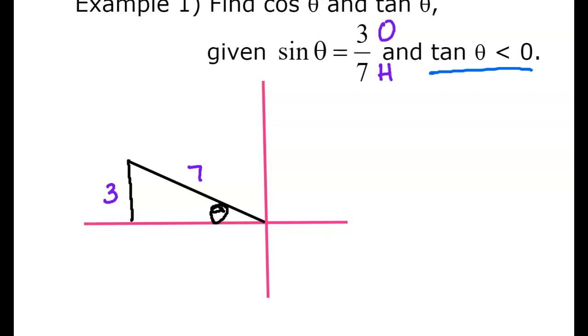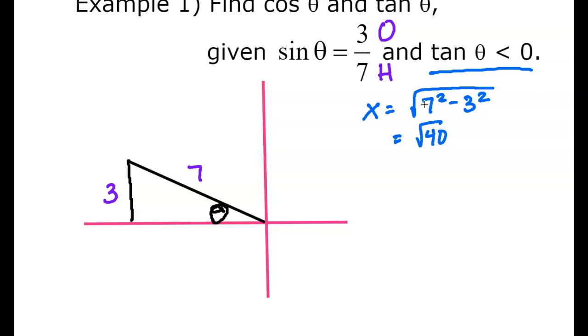Pythagorean theorem. So I'm missing a leg this time. So what I'm going to do is square root the hypotenuse squared minus the other leg squared. So that's 49 minus 9, which gives you 40. Can this be simplified? How so? What can you pull out?